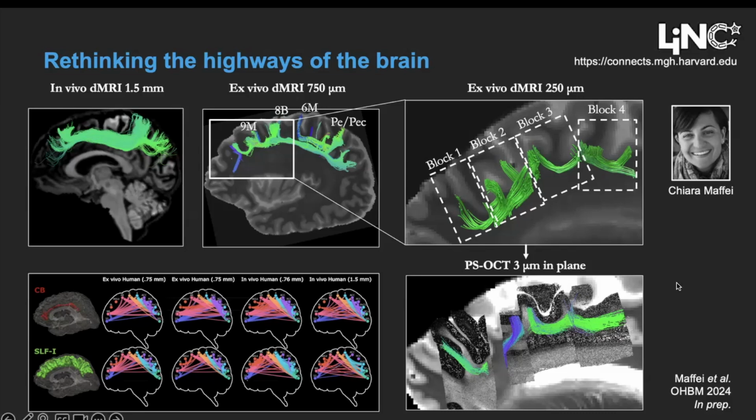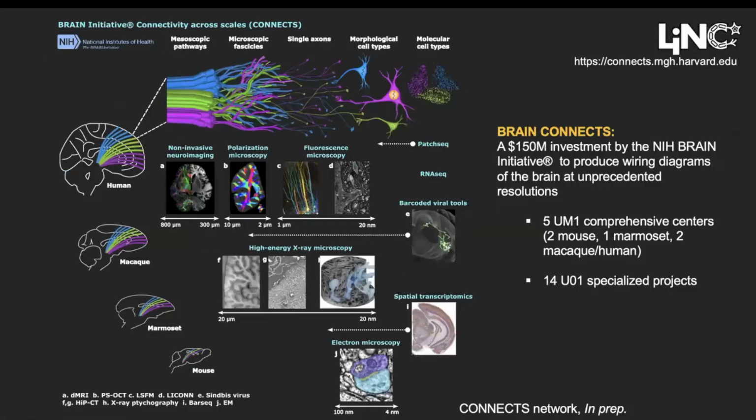So then we wanted to do more of this, and that's how we get to the bigger boat. It was a lucky coincidence that while we were working on this validation work, the Brain Initiative came out with an announcement for the Brain Connects program, a $150 million total investment to produce wiring diagrams across many species, from the mouse to the marmoset, macaque, and human, at unprecedented resolutions.